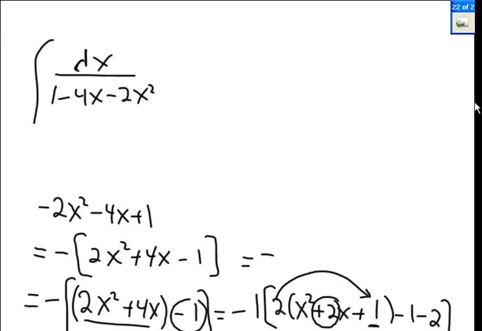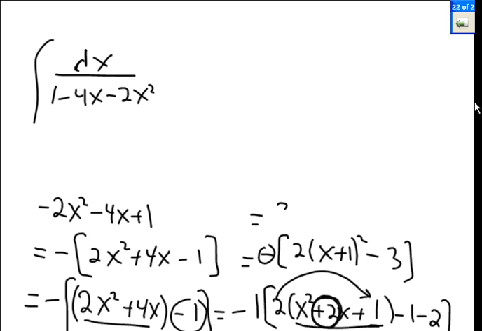So you have negative 2 times, now what's in the bracket is x followed by half of 2, which is positive 1 squared minus 3. Distributing that minus in front, that gives you 3 minus 2 times x plus 1 squared.